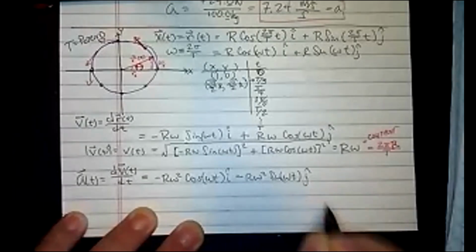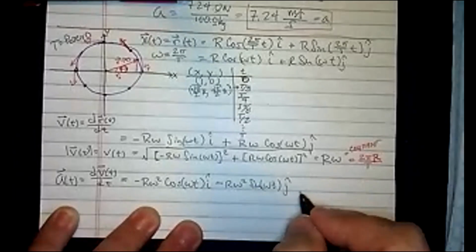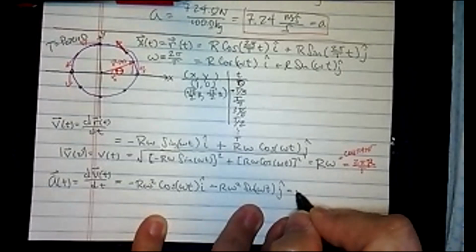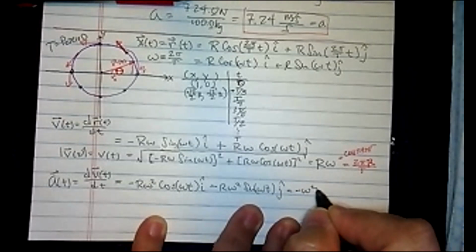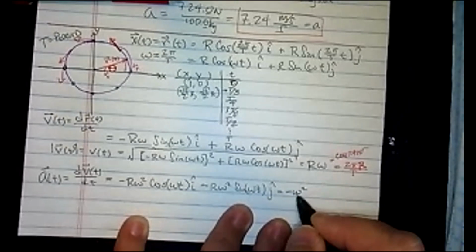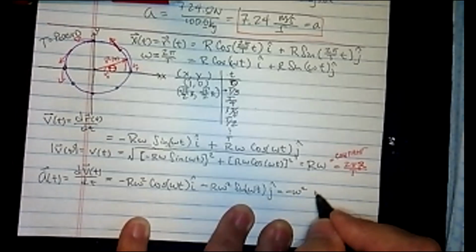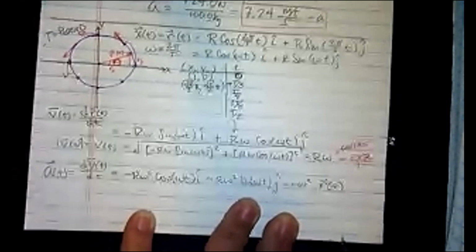And again, the j hat is a constant vector. You might also notice this is kind of interesting, and it's helpful to realize this is literally just negative omega squared, and omega being 2 pi over T, that's a physical quantity. And therefore, when you square it, it can't be negative. So I've got a negative number multiplied by what's left of this vector. Notice that's just r of t.